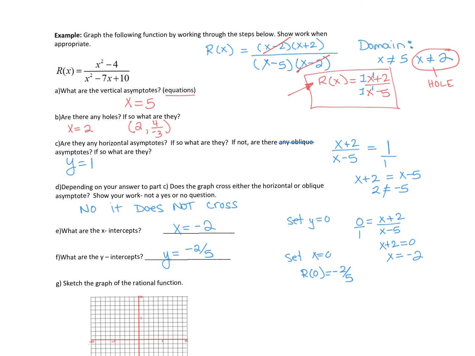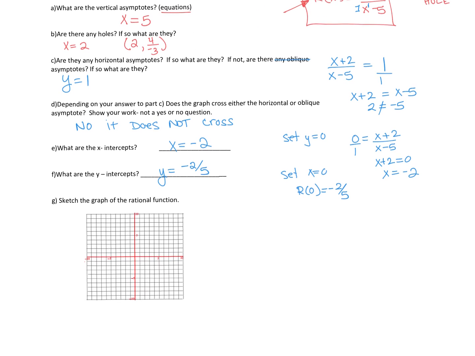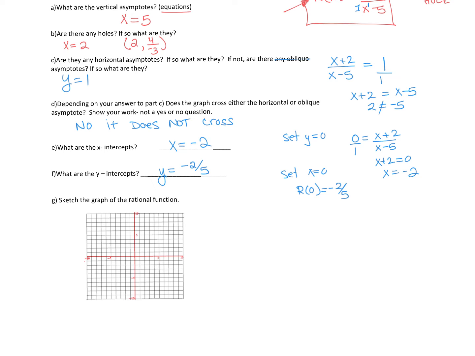Okay. So now we want to put all of this on the graph. So we're going to start here by writing down our asymptotes and our holes. So we know that we have an asymptote at x equals 5. That's a vertical asymptote at x equals 5.